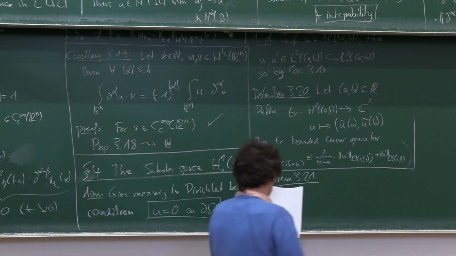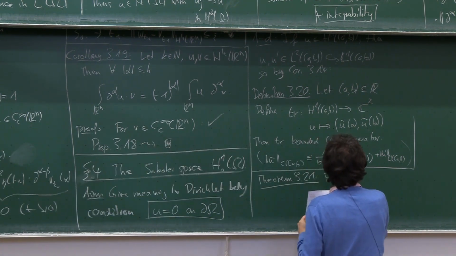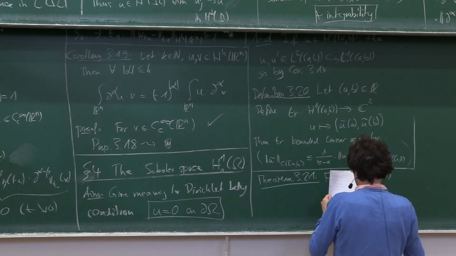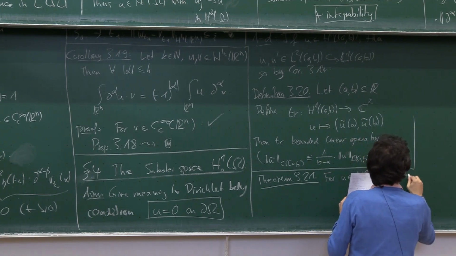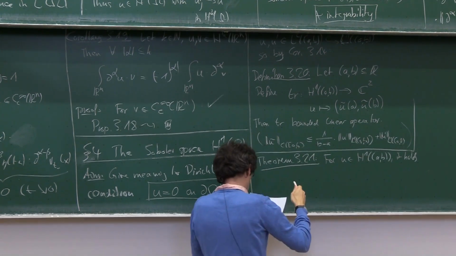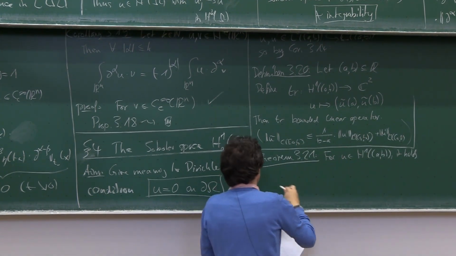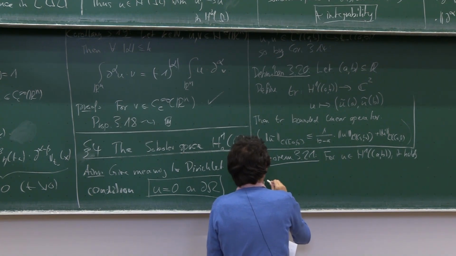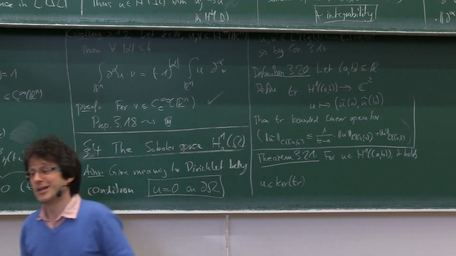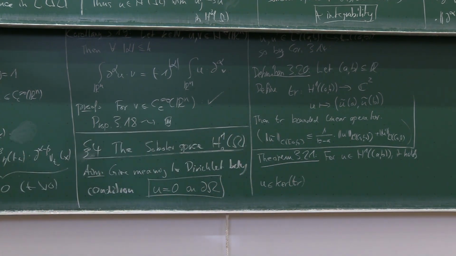In 1D, so if you have an H1 function on a bounded interval, then you have the following equivalence. You have that, let's say U is in the kernel of the trace operator. So U has zero boundary conditions.